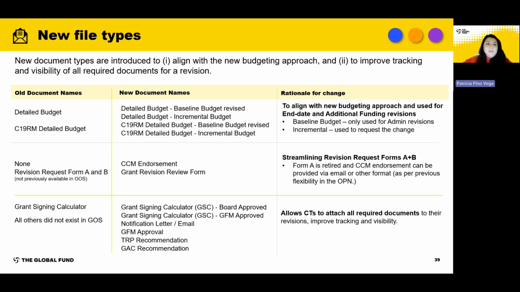That's to respond to the new budgeting approach that now has the different file types, your baseline and your incremental budgets. It's also to give you and the CTs a chance to attach the mandatory documents that are needed throughout the revision. In the past, we didn't have all these different types, and they got attached as an "other." In this way, we can clearly see what's attached to each revision.